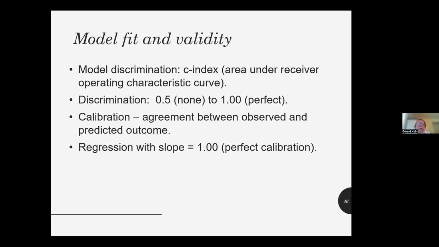And then calibration, we want to look at the agreement between the observed and predicted outcomes. And we do this by looking at a regression with slope equal to 1, or whatever the slope is, 1 being perfect calibration, meaning there's perfect agreement between the observed outcomes and the predicted outcomes, whether it's a mean or a probability or whatever it might be.